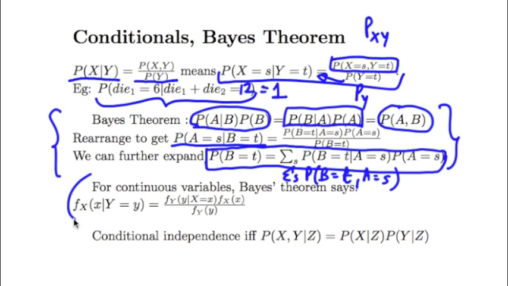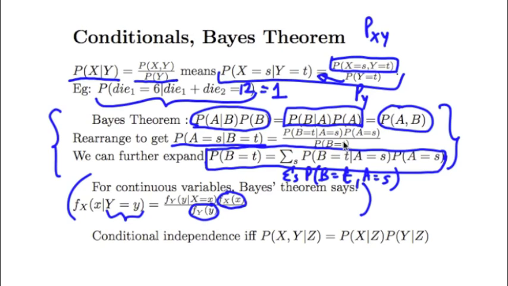For continuous variables, it's quite important to remember that we don't deal with such probabilities, but we deal with distributions. So these are PDFs that we'll deal with, and it says that the PDF of X given Y takes the value little y is the PDF of Y evaluated at little y given that X takes the value little x, times the marginal PDF of X at little x, divided by the marginal PDF of Y at little y.